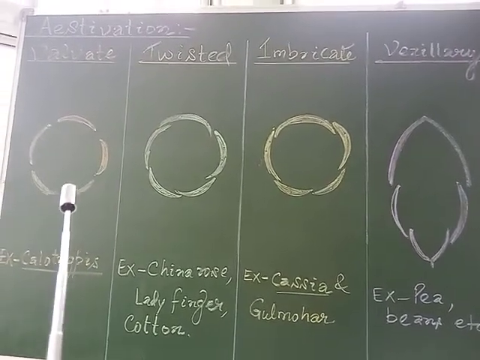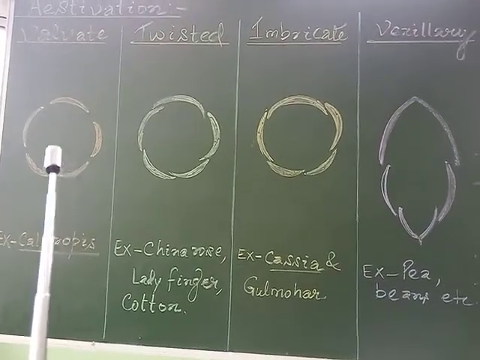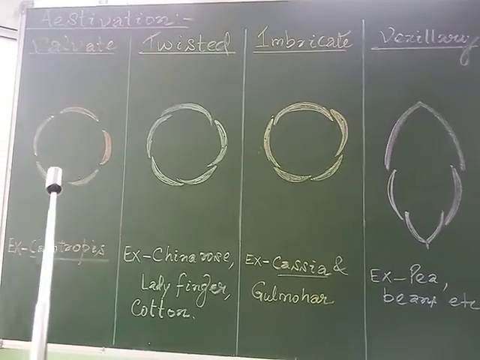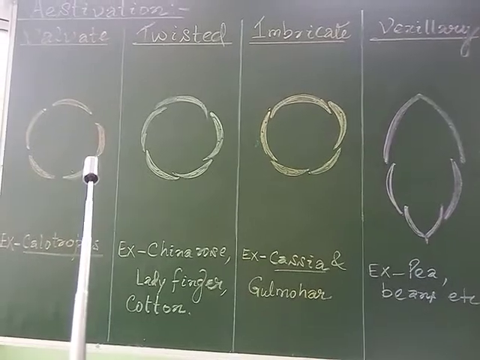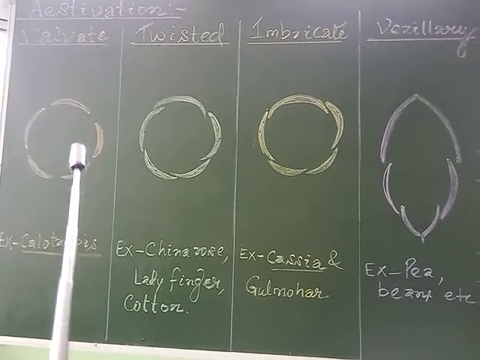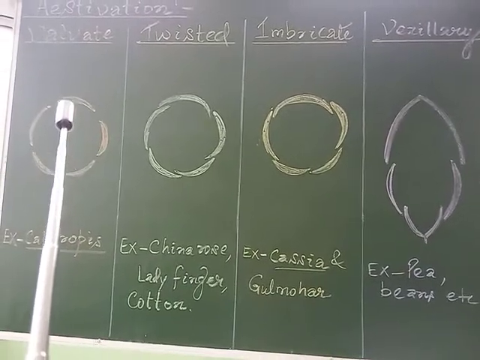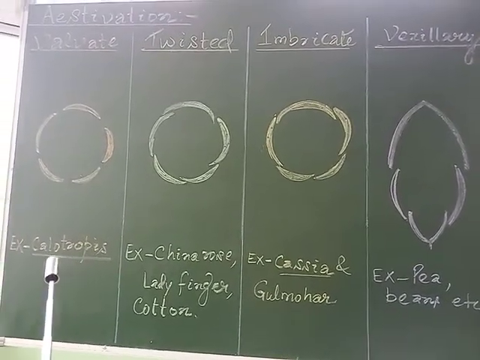As in the case of valvate, we may observe the sepals or petals are present in such a way that the margins touch the other members of the same whorl, but they do not overlap, then this type of estivation is called valvate type of estivation, as in the case of Calotropis.